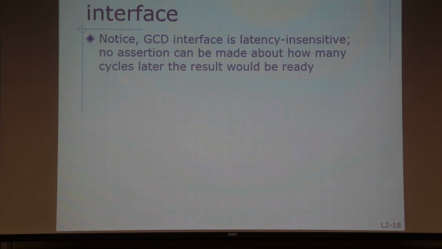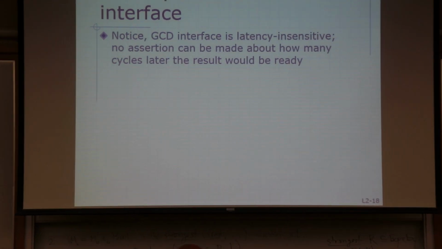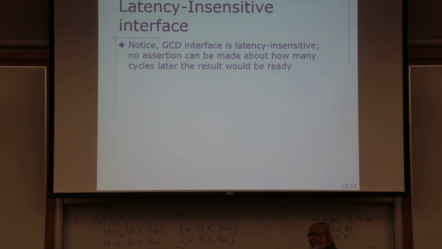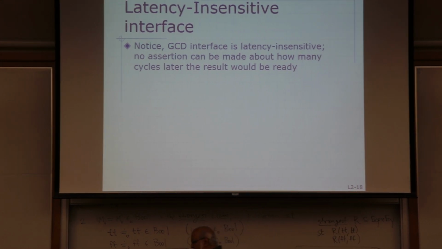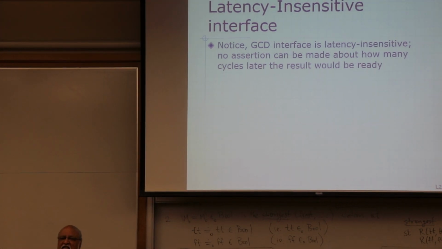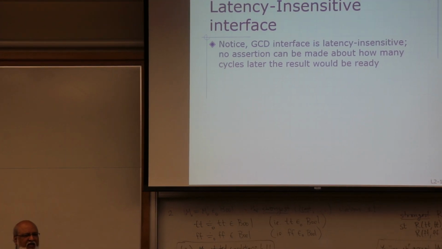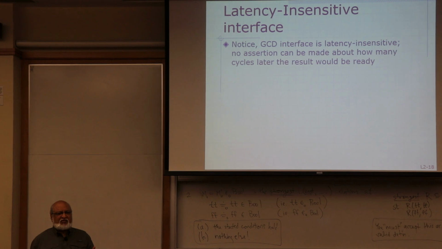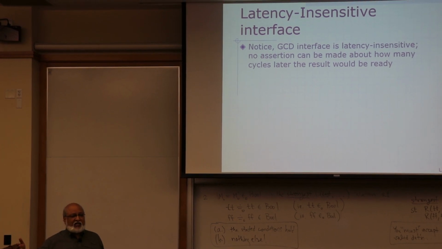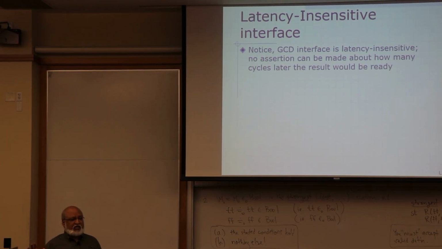Now I want to point out some other properties of this interface, which is equally important for the kind of circuits I want to build. So this module that we have defined for GCD is what I call a latency-insensitive interface. You give me some inputs, sometime you will get an output from it. Whether you get it 1 cycle later or 10 cycles later, you have no idea. You have no control over it.